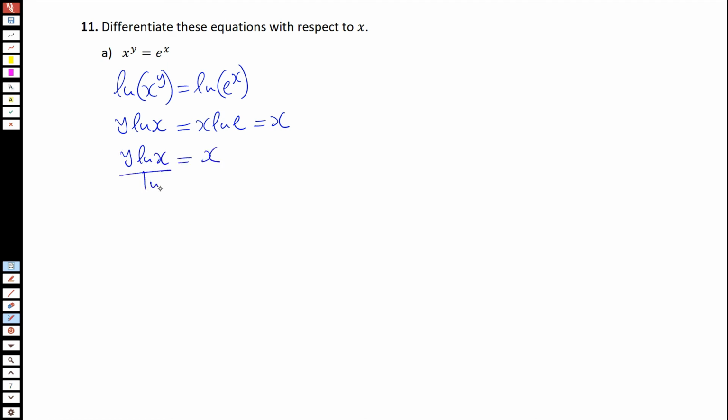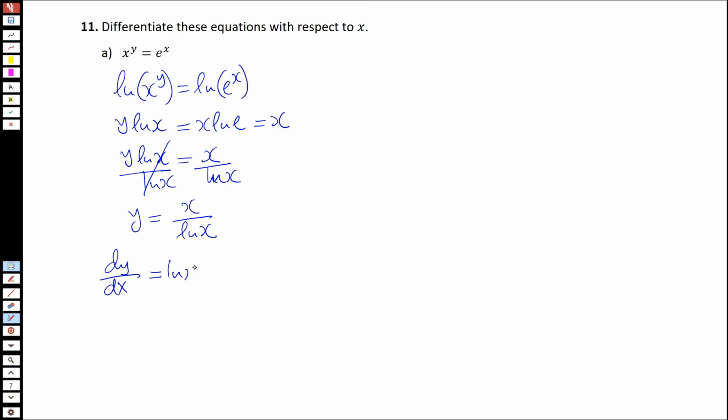Now, if you divide both sides by ln x, you'll have y equals x over ln x, which is a much easier function to work with, especially because this is a quotient of two functions, and therefore we can apply the quotient rule.